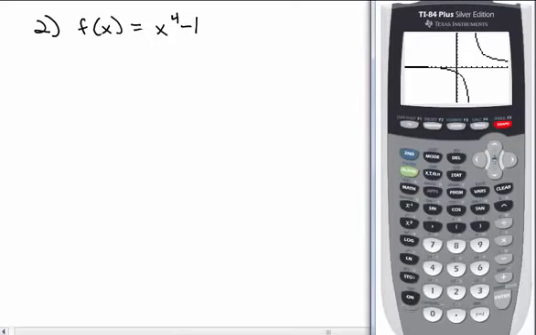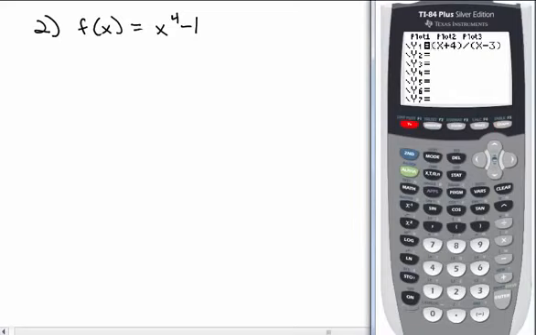We're going to bring our calculator back, hit the y equals button. It should default to highlighting that first equation, and if you hit the clear button right underneath the arrow, it'll delete out that old function. And now we can type in x to the 4th power. We get an exponent by going right above the divide sign.